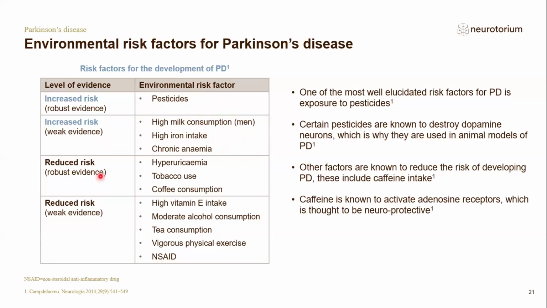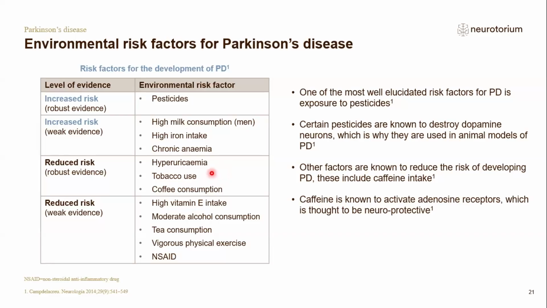Then for reduced risk, people who drink coffee are at a reduced risk, and those who have high uric acid, they also say that they are at a lower risk. Tobacco use, those who use tobacco in all forms, they say also they have a reduced risk.